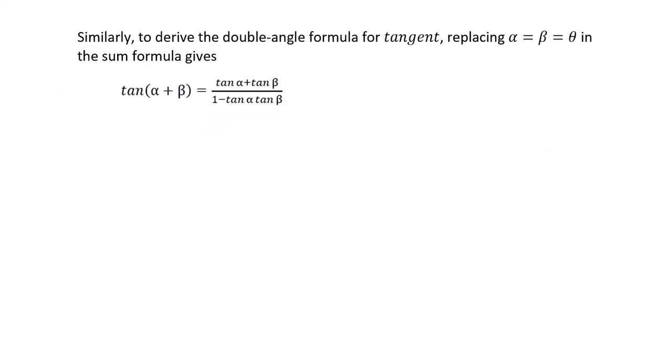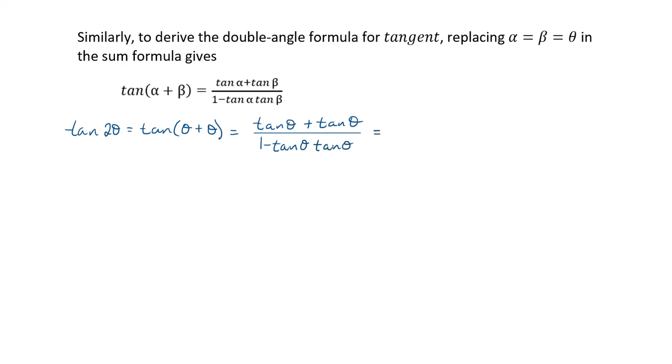Similarly, to derive the double angle formula for tangent, replacing alpha and beta with theta in the sum formula gives us the tangent of 2 theta is equal to the tangent of theta plus theta, which is the tangent of theta plus the tangent of theta divided by 1 minus tangent theta tangent theta.